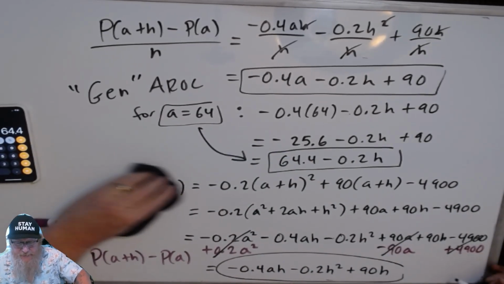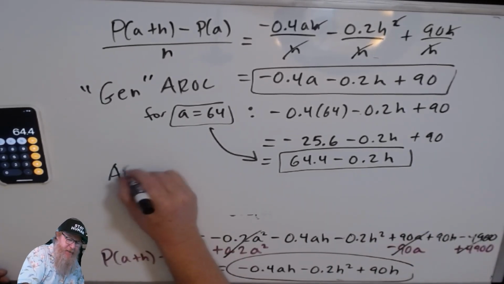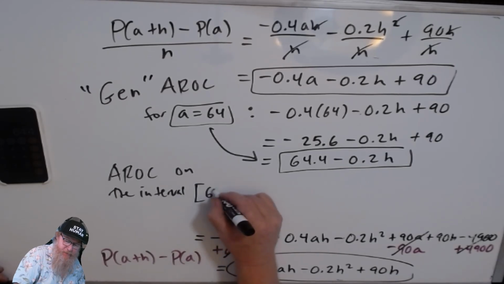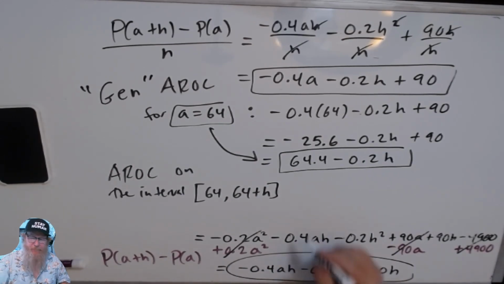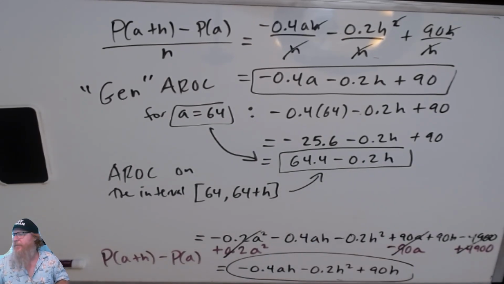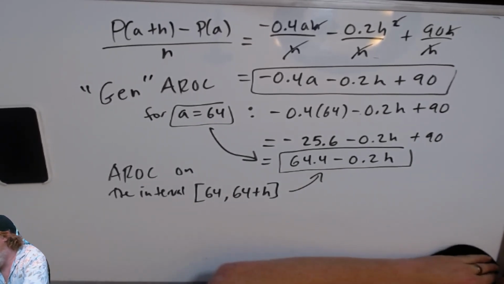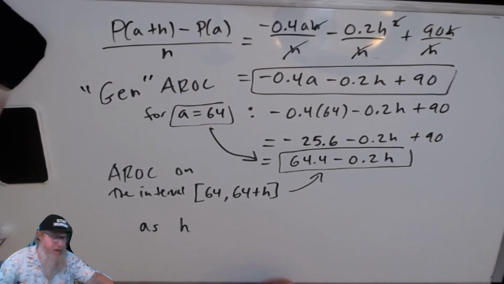So this represents the average rate of change. This is the AROC on the interval 64 plus h. So, as we get closer and closer to 0, let's just write lim.